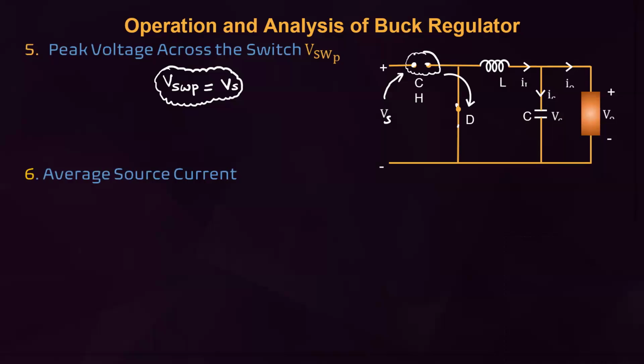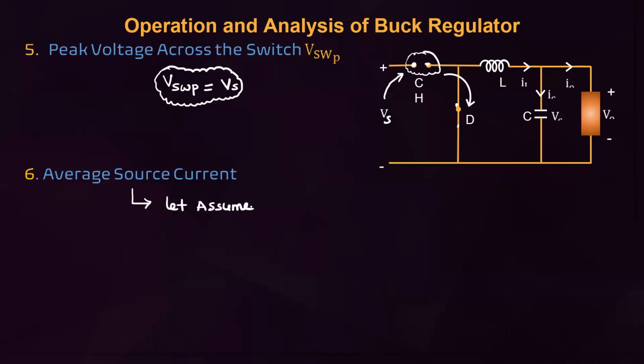Yes, friends. There is one procedure to find the average source current in all the choppers: step down, step up, or up-down. You follow the same procedure. To find the average source current, let us assume a lossless chopper. This is the assumption.